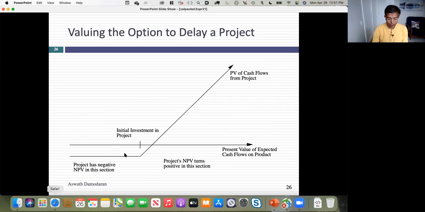That becomes the equivalent of the strike price. Of course, you will do this only if the present value of the cash flows exceed the cost of putting up the project. Right now, that's not true. It's not viable, but sometime in the future, it might be true. But of course, if this never happens, what do you lose? You lose whatever you pay to get these exclusive rights.